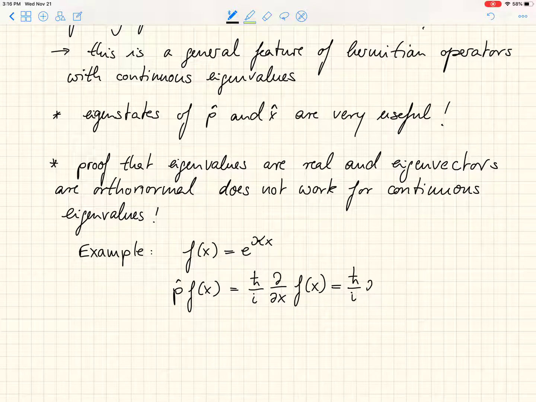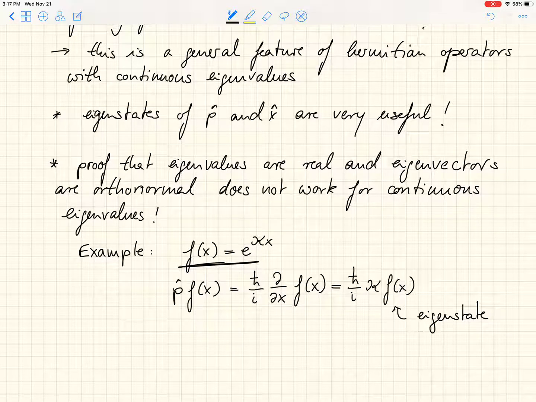So this just gives us h bar divided by i times kappa times f of x. Meaning that this f of x is an eigenstate to the momentum operator, and this is an eigenvalue. And so here we have found an imaginary eigenvalue.